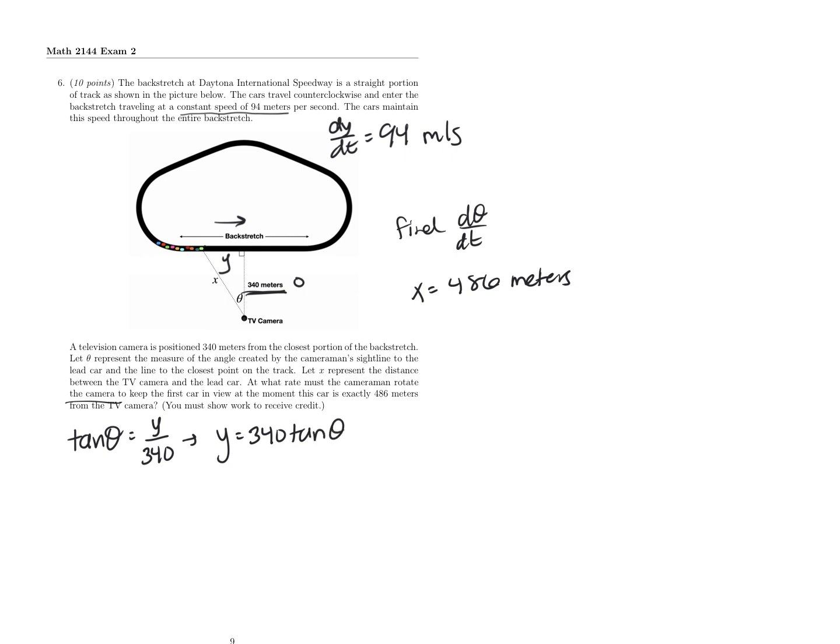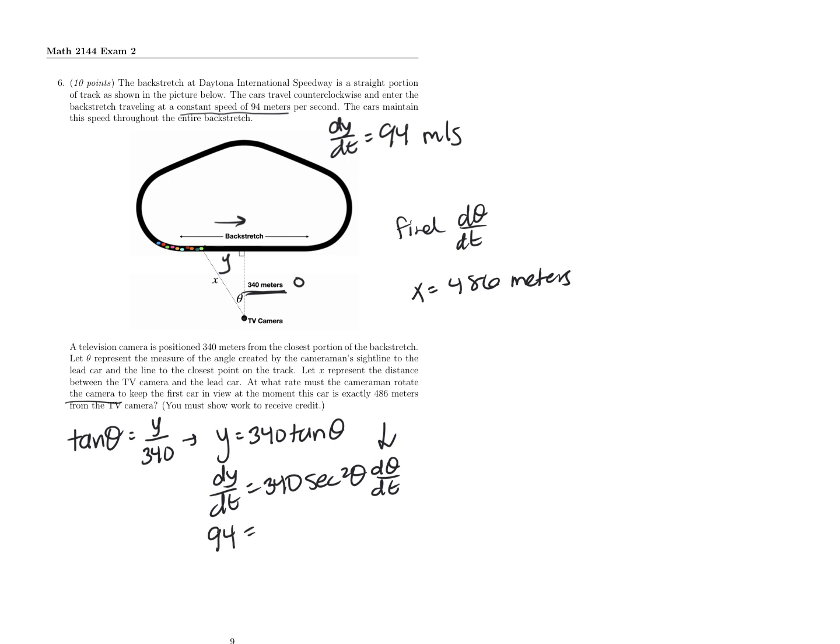And then from here, take the derivative with respect to time. So we're going to get dy/dt is equal to 340, and the derivative of tangent is secant squared theta, and then we get that d theta/dt. Remember those related rates. And so here, we're trying to solve for d theta/dt, and we do know that dy/dt is 94.